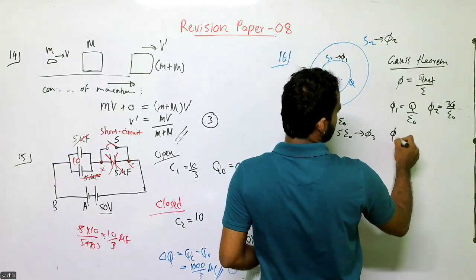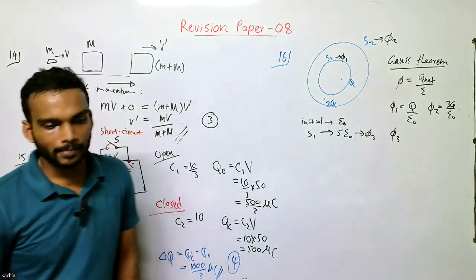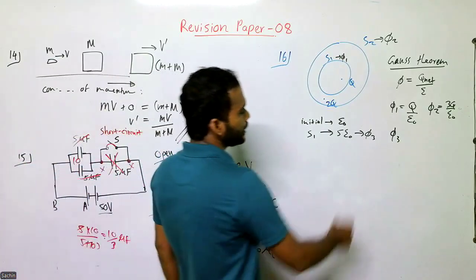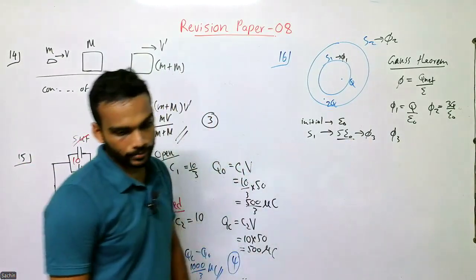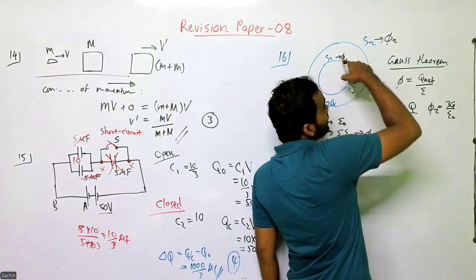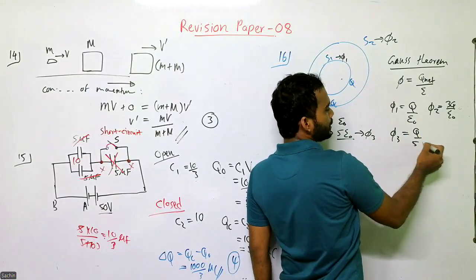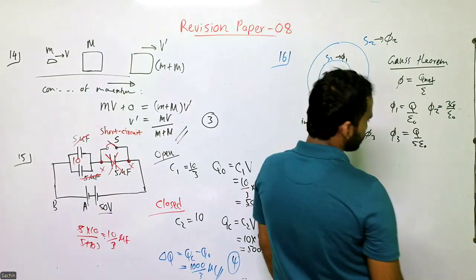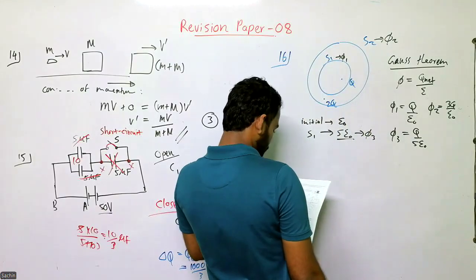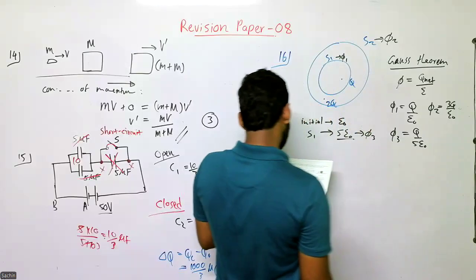Then phi3. Phi3 is measured after replacing the space inside S1 with a medium of permittivity constant 5. Still the charge inside S1 is Q, Q divided by the new permittivity, that is 5 epsilon naught. In the given answers, they have a ratio between phi1 and phi2.